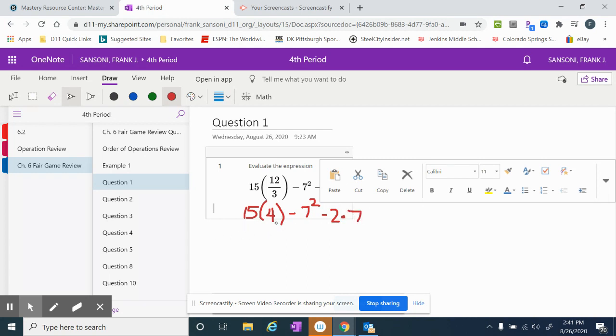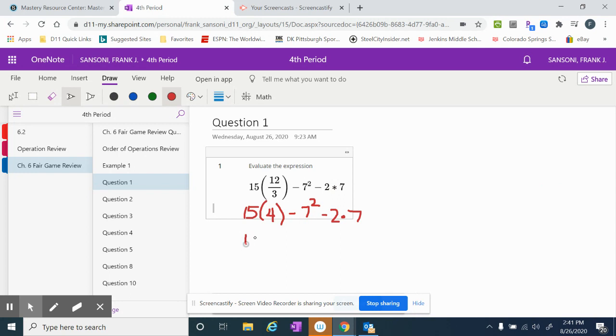So I've got exponents next. So I look over here, I've got 7 squared, so I'm not going to touch the 15 times 4 yet. And I've got minus 7 squared. Well, what is 7 squared? 7 squared is 49. 7 times 7 is 49. Minus 2 times 7.